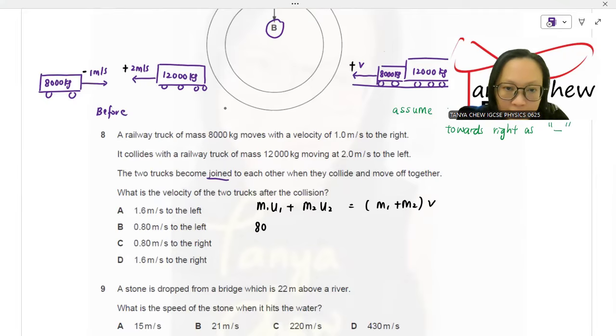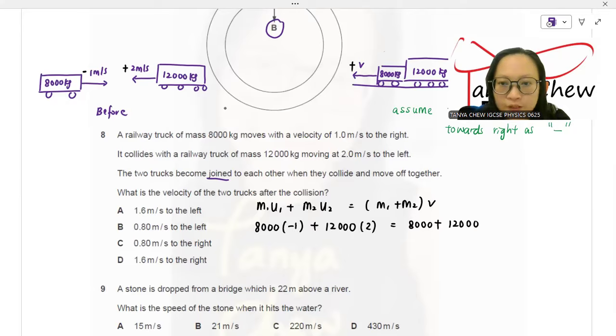Now, sub in the numbers: 8,000 times negative 1 plus 12,000 times 2 is equal to 8,000 plus 12,000 times V. 8,000 plus 24,000 will give me 16,000 is equal to 20,000 V.